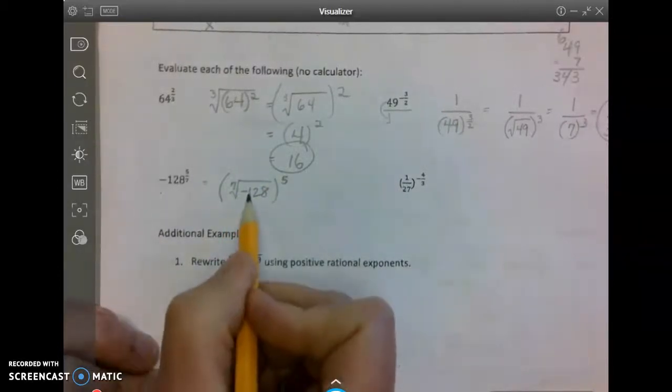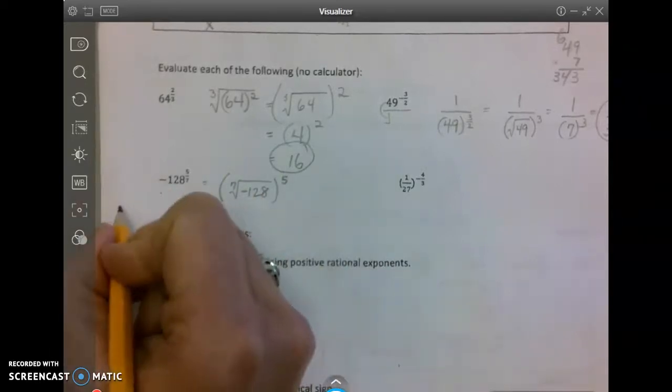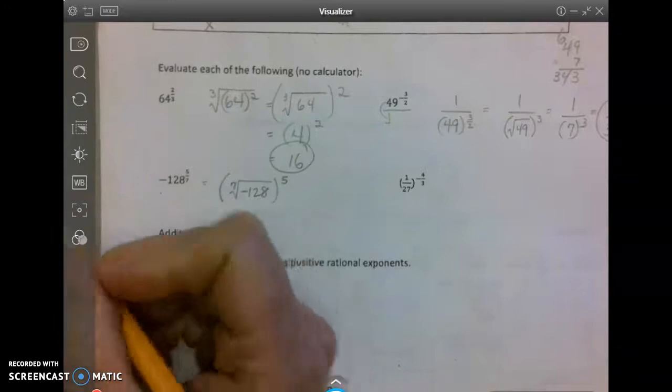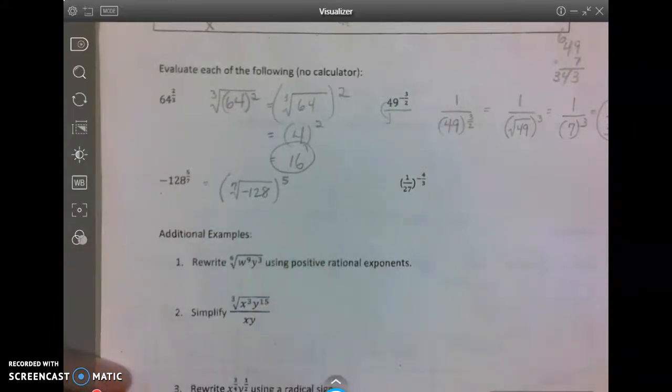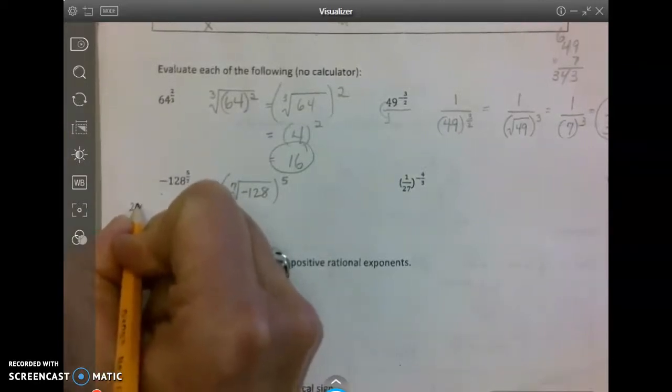Well, let's start going through my numbers. Let's start with 2. What would 2 to the 7th be? Well, I've been doing enough problems that I know that 2 to the 5th is 32. So let's see, I guess I'll just write all these down.